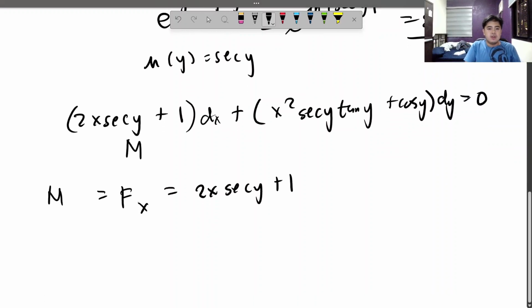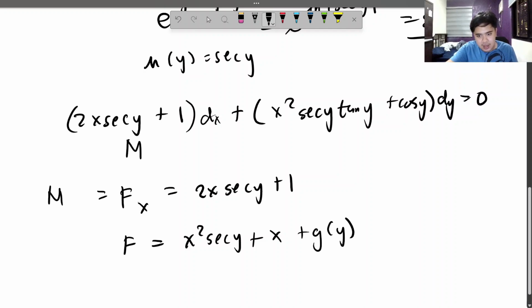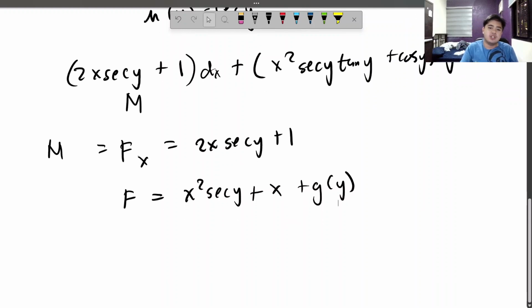So the integral of both sides. The integral of it with respect to x is just F. The integral of this is, since secant y is just a constant in the x world, we can say it's x squared secant y. And then plus 1 integrates to plus x here. And then g of y here as the arbitrary function with respect to y.